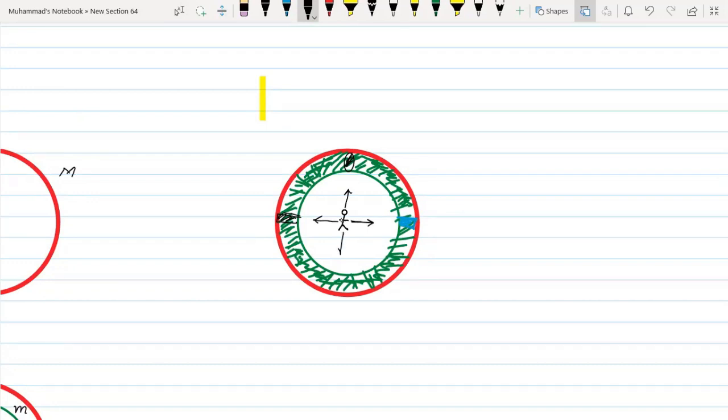So what are you observing? You are experiencing force in all directions, and the forces are equal in magnitude. So as a result, net force on you is 0. Net force being a vector quantity, net force on you is 0.